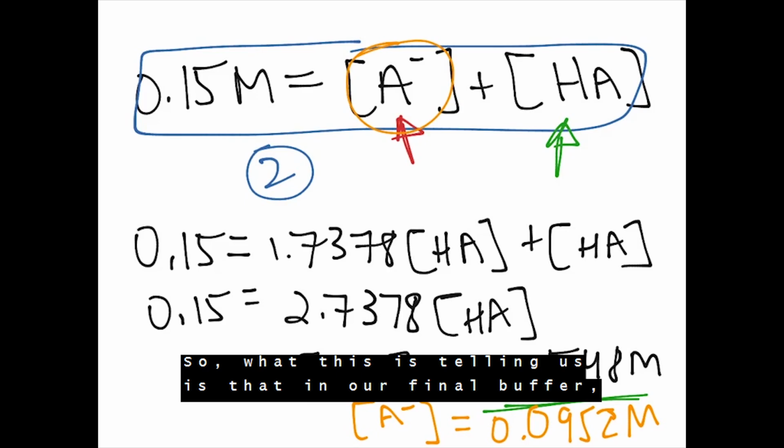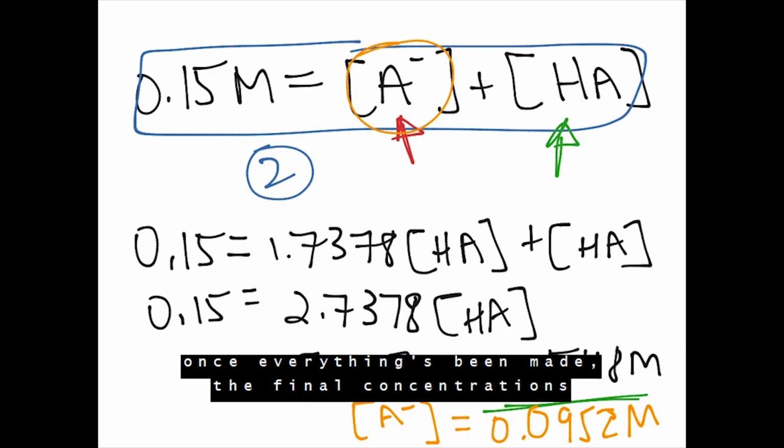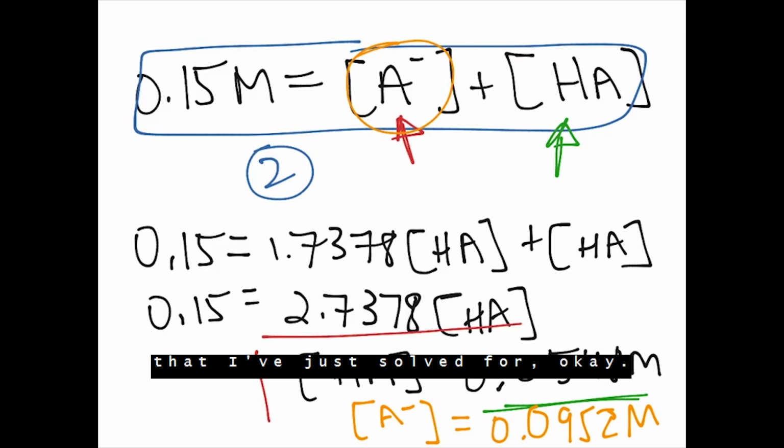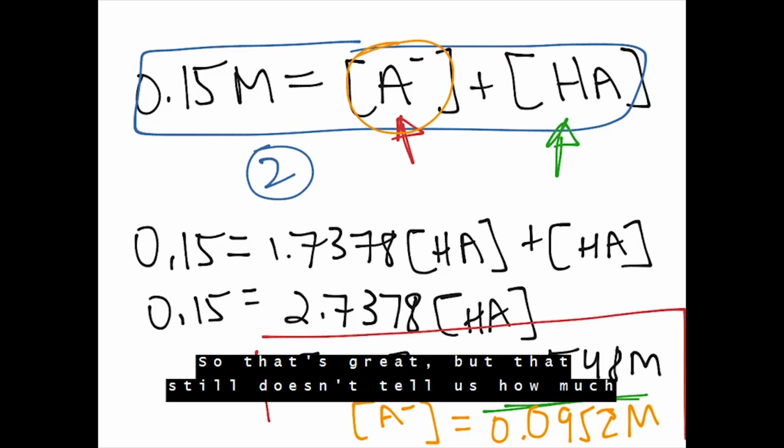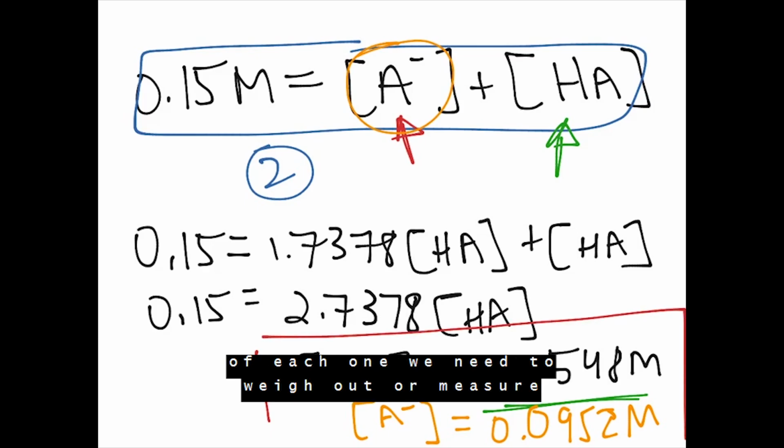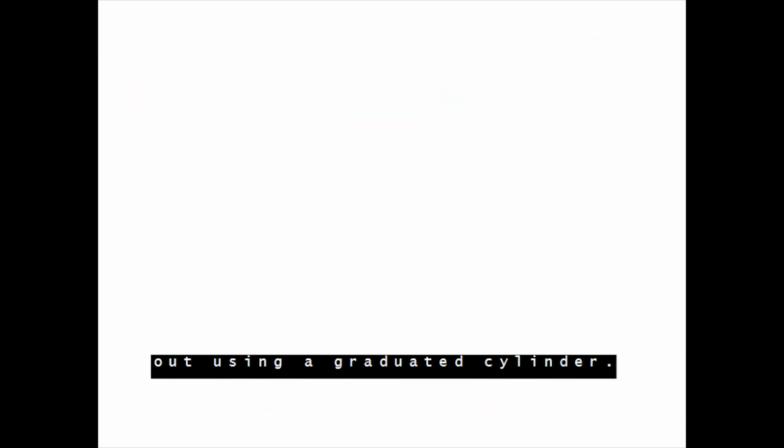So what this is telling us is that in our final buffer, once everything's been made, the final concentrations of weak acid and conjugate base are these values that I've just solved for. Okay, so that's great, but that still doesn't tell us how much of each one we need to weigh out or measure out using a graduated cylinder.